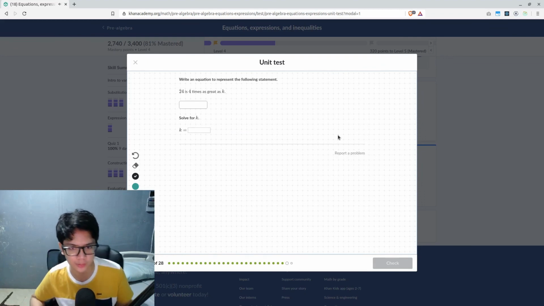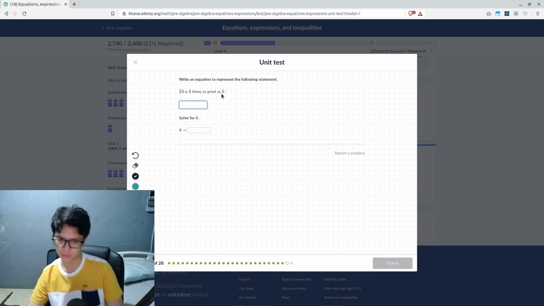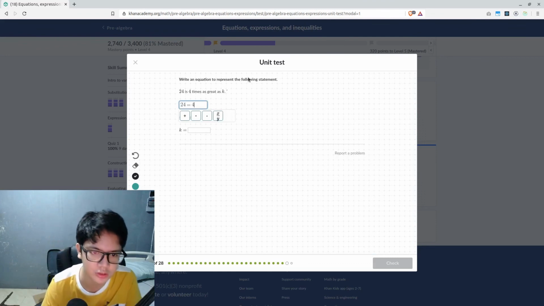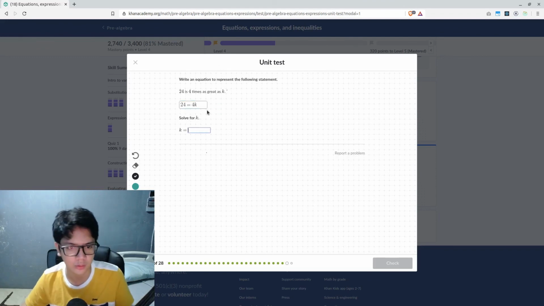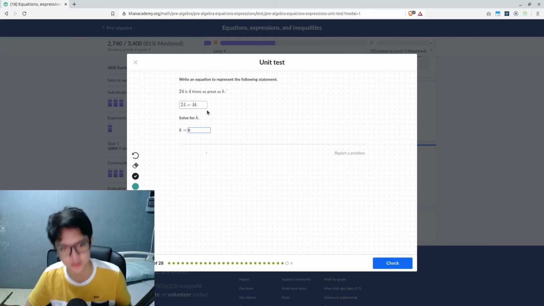Write an equation to represent the following statement. 24 is 4 times as great as K. Wait, what? 24 is 4 times K, or 4K. Six.